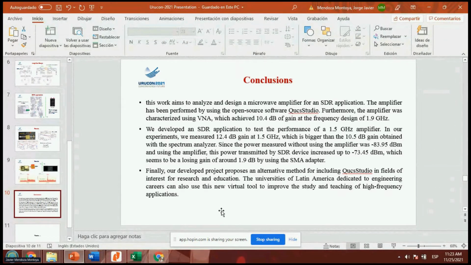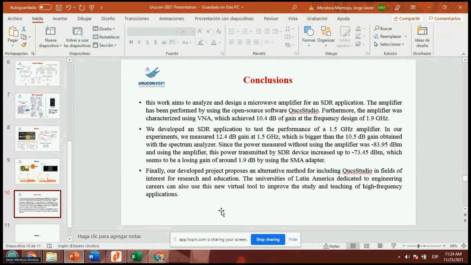And to prove the performance of this amplifier, we developed a software-defined radio application. The frequency design was different because the SDR device was limited in frequency.